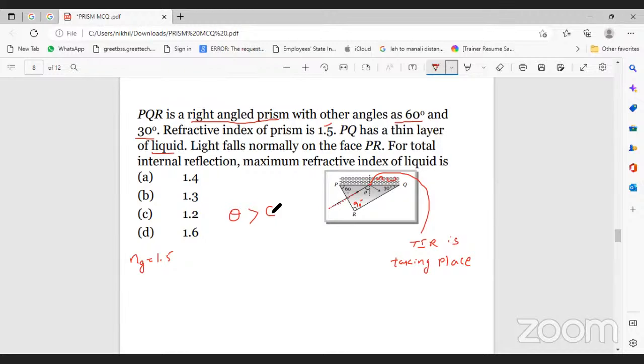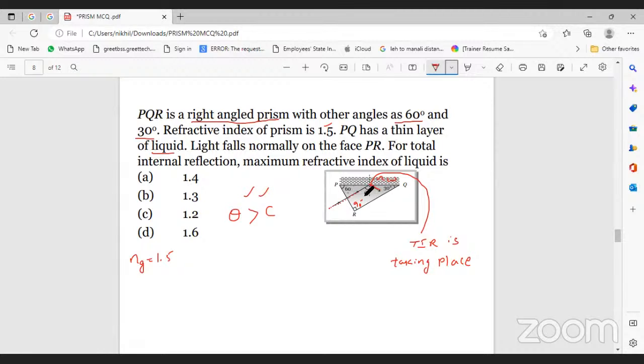You know pretty well that total internal reflection will take place if the angle of incidence is more than the critical angle. In this, theta is the incident angle. Since the reflected ray is taking place, this theta is more than the critical angle. This is the condition explained in the diagram. And also look at the diagram.